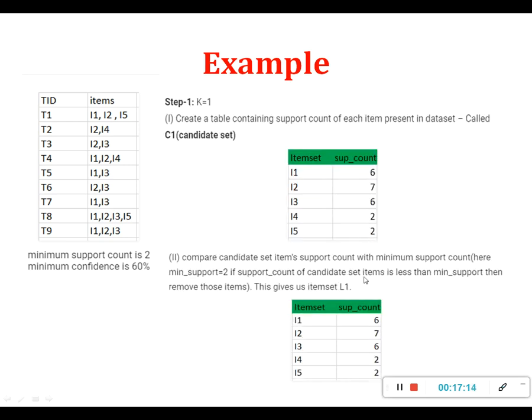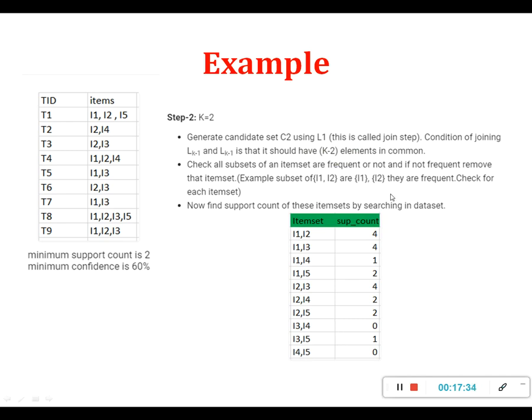For that we have to check L1. I1 has support count 6, and I2 is also mentioned in L1, yes, they are frequent. We have selected in L1 only those items that satisfy the minimum support count.